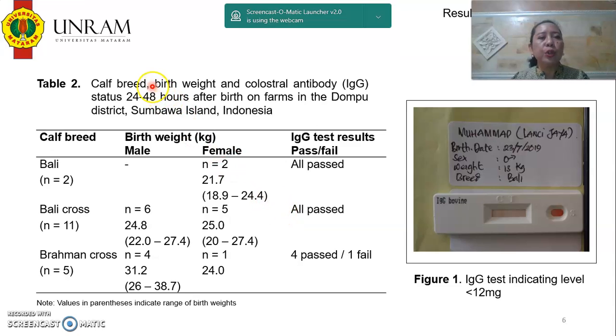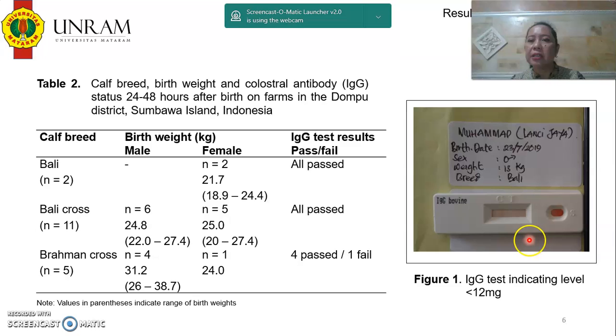Table 2 shows calf breed, birth weight, and colostral antibody or immunoglobulin G status 24 to 48 hours after birth. In this table, of 18 samples that we have tested, only one showed a level of antibody or IgG less than 12 milligrams per ml.